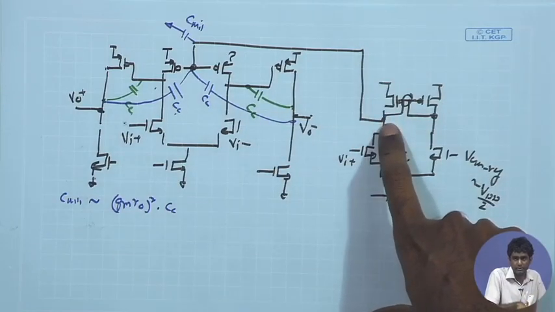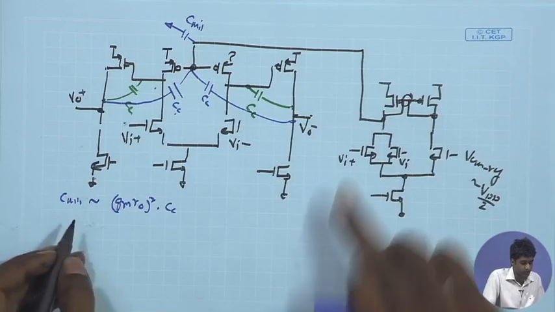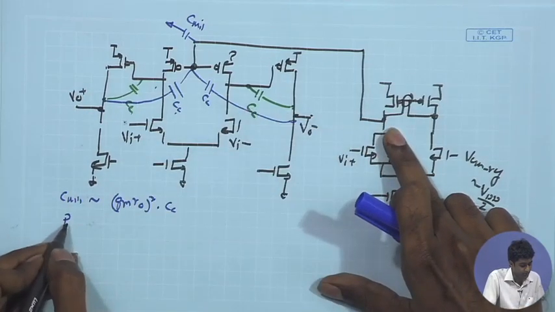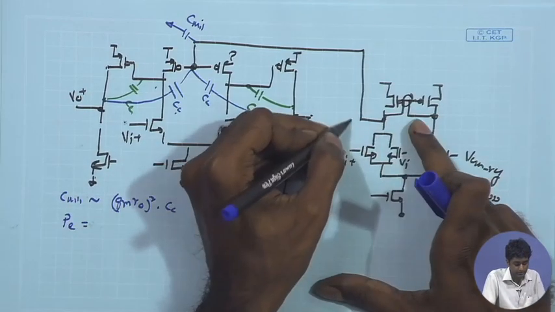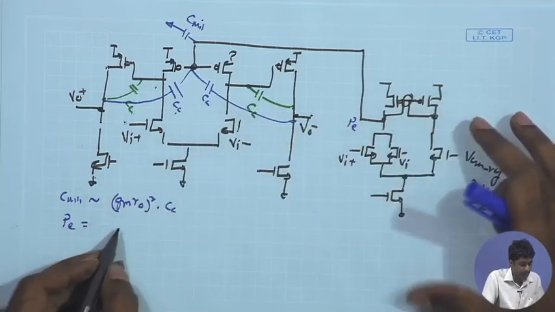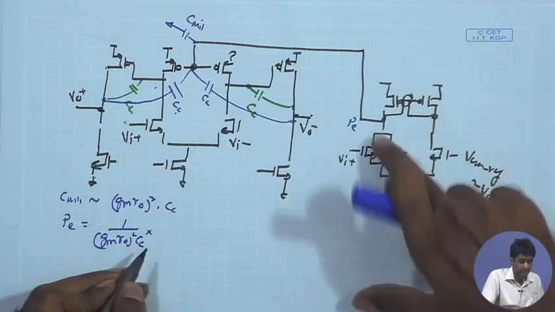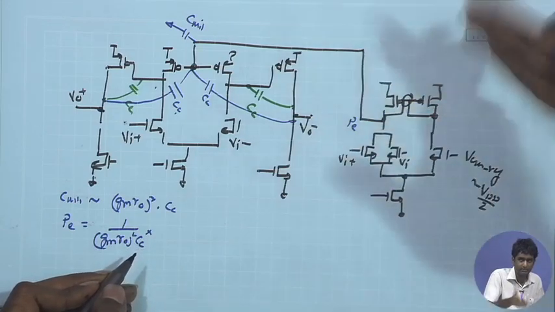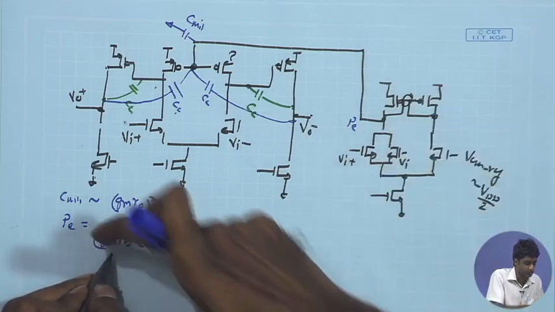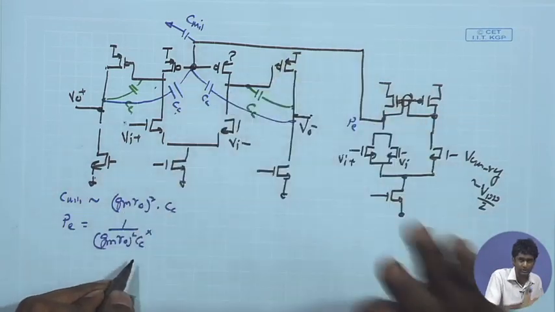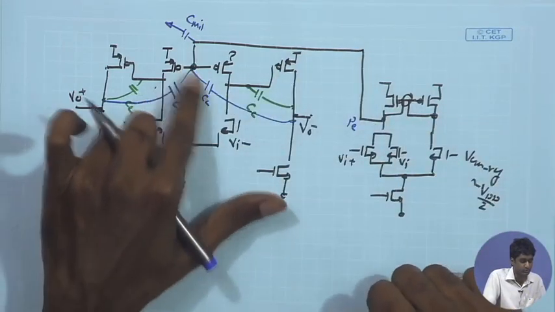If this is a diode connected load, then once again the pole at this point, the pole of the error amplifier, if I call it PE, will still be given by 1 upon GM RO square times CC times the impedance over here. For the diode connected case that impedance would have been just 1 upon GM, which would just lead to GM RO square times CC, similar to what we get over here.